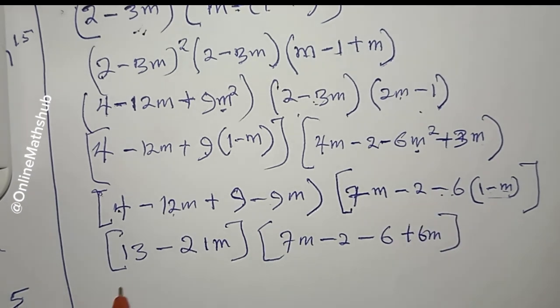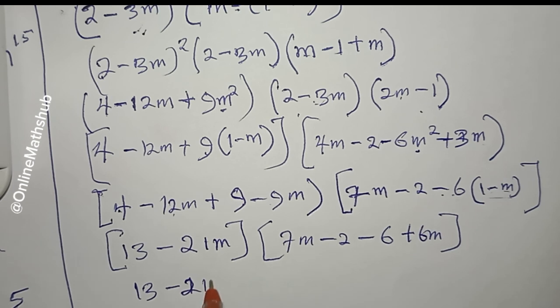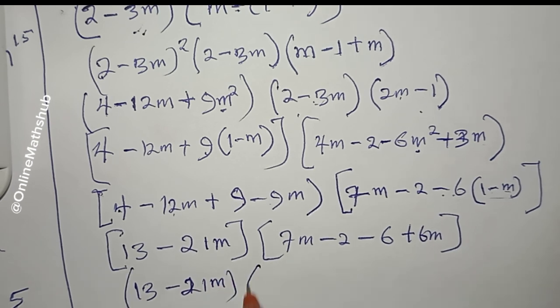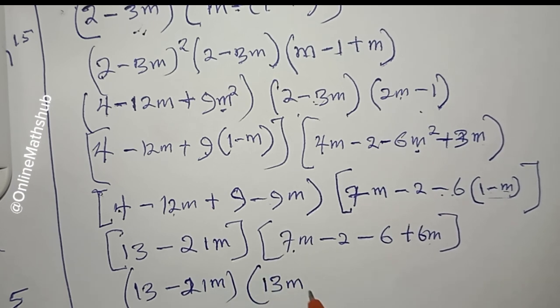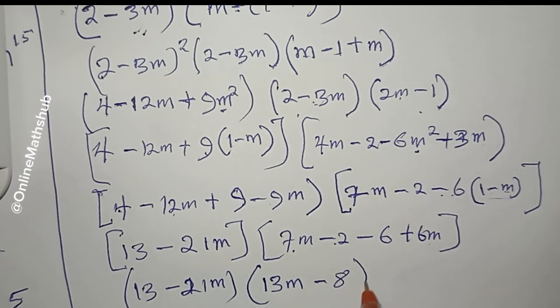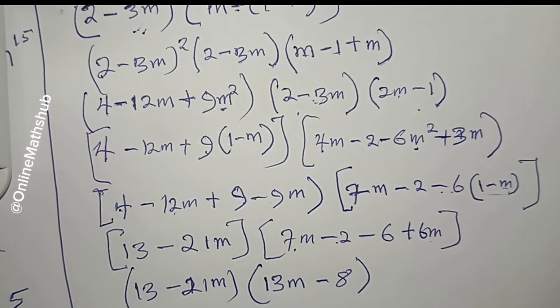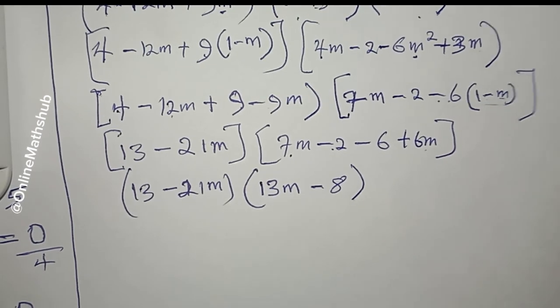Okay, so that if we continue, this is 13 minus 21m. 7m plus 6m will give us 13m. Okay, and then minus 2 minus 6, that's going to be minus 8. Okay, so next we'll just go ahead to expand the two brackets.